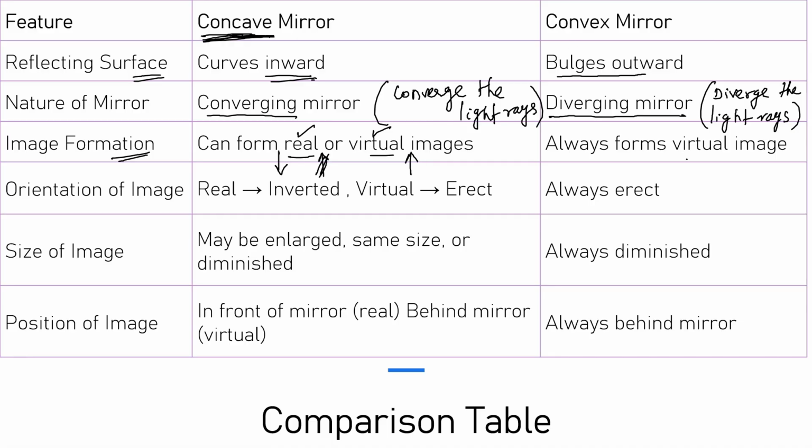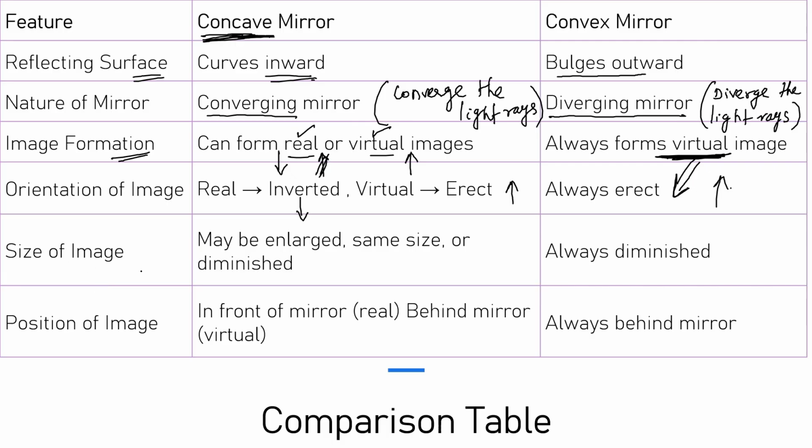And what about convex? It can form only virtual image. Orientation of the image: we have already discussed real images are always inverted, virtual images are always erect. Since convex forms only virtual, it is always erect.